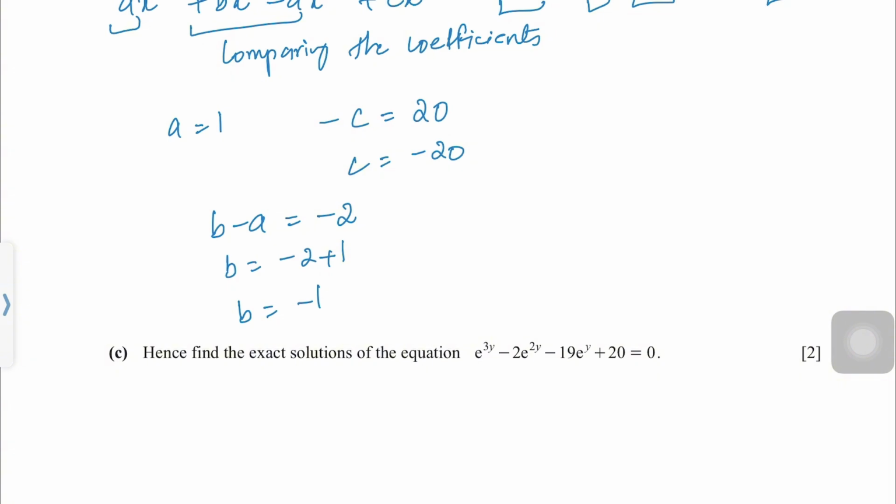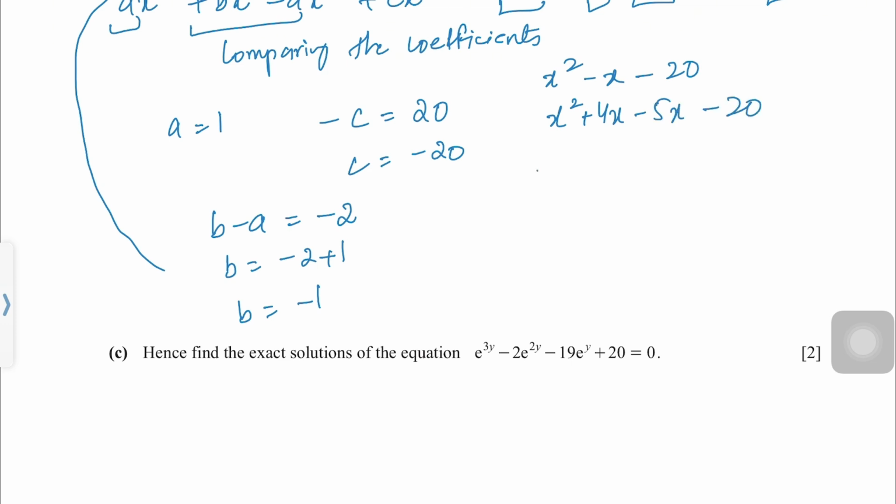Our factors are, we'll be substituting these values here. We'll be getting x square minus x minus 20. By solving this, we'll be getting x squared plus 4x minus 5x minus 20.